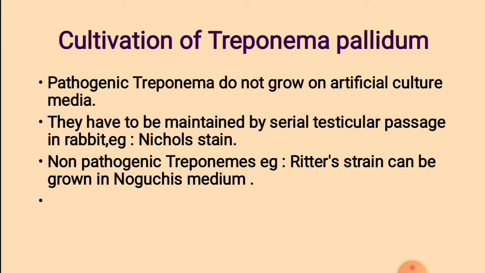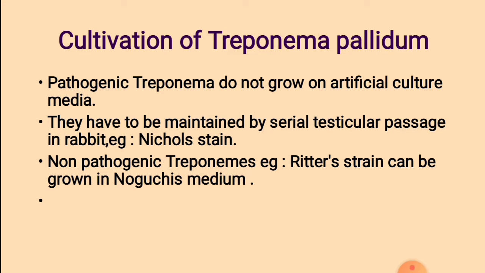Cultivation of Treponema pallidum. Treponema pallidum is pathogenic. Treponema pallidum does not grow on artificial culture media. They have to be maintained by serial testicular passage in rabbit, example Nichols strain.